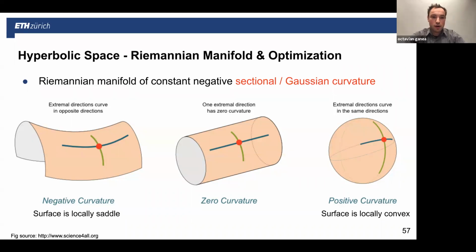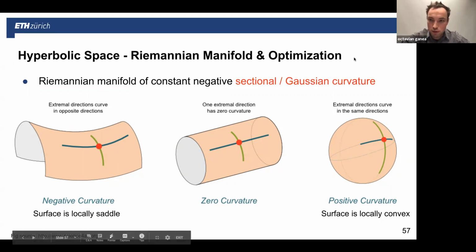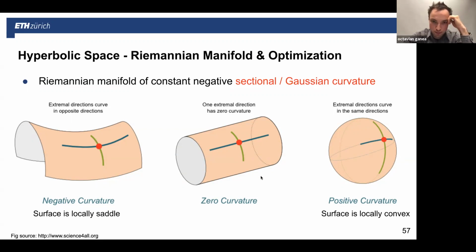So you have two sections, the two opposite extremal directions, that curve in opposite directions. Then you have the cylinder or a flat sheet of paper, which have zero curvature, and on the right side you can see the sphere, where the sectional curvature is constant and positive at every point, in every section.